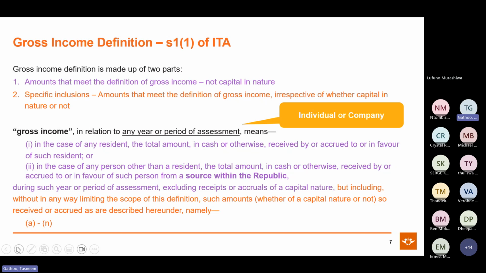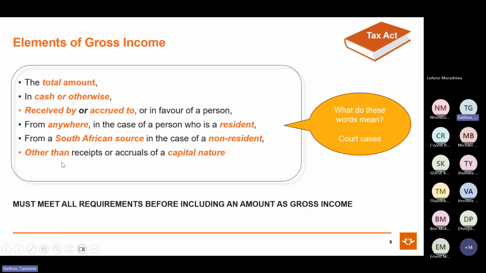We then broke down the key elements of the general definition of gross income. We said there must be a total amount, in cash or otherwise. It has to be received by or accrued to or in favor of a person.